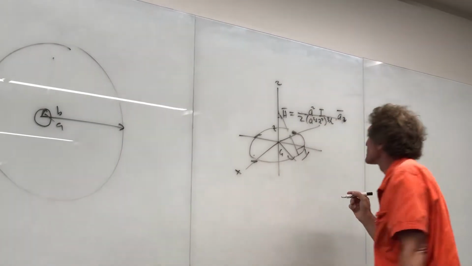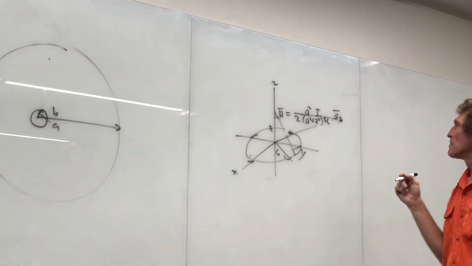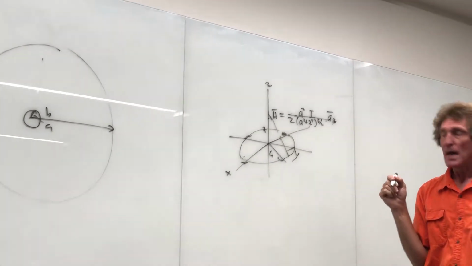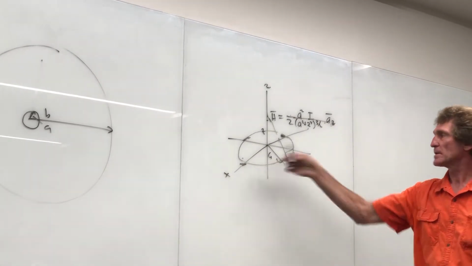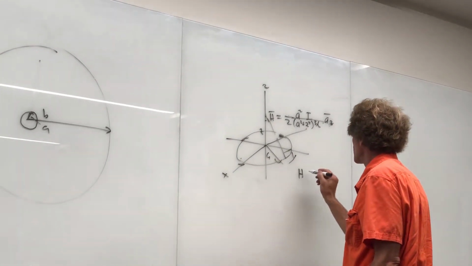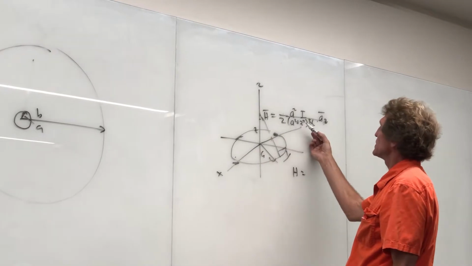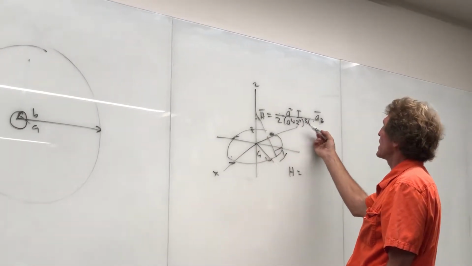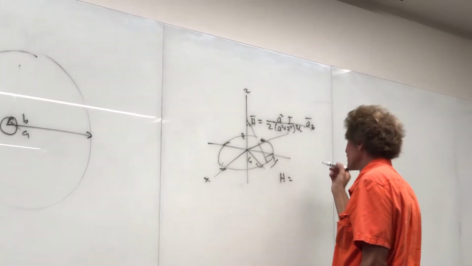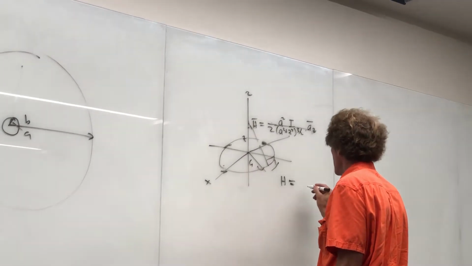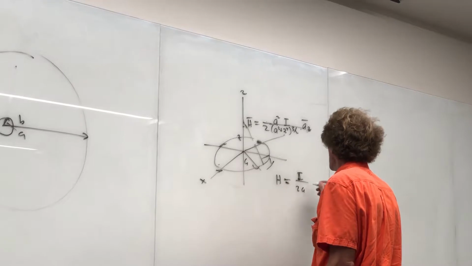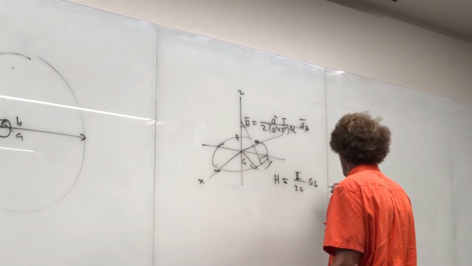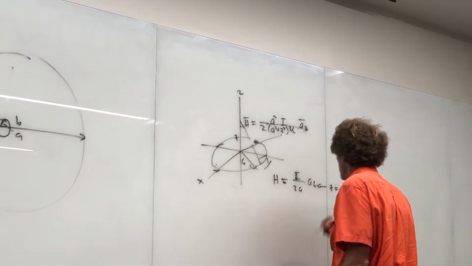Do y'all remember that class when we did it? And if you look at this, that's the H field anywhere on the z-axis. If you want it at the origin, z goes to 0, so you have a squared over a cubed, so it's simply 1 over 2a times I in the a_z direction, at z equals 0.